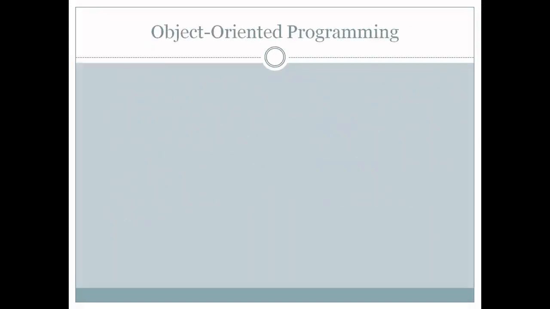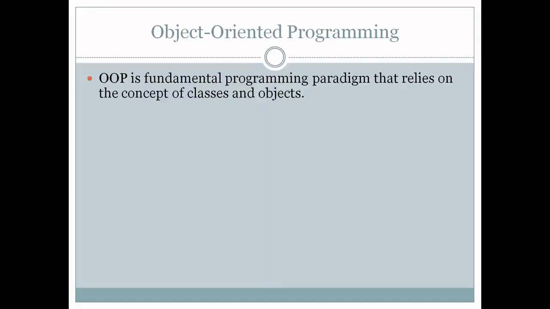Now about object oriented programming. What is object oriented programming? Object oriented programming is a programming paradigm that relies on the concept of classes and objects.